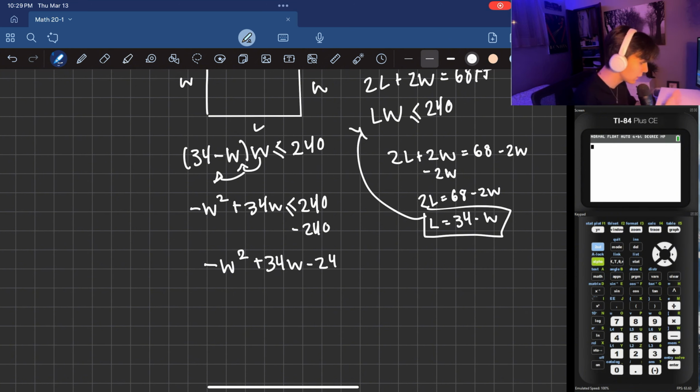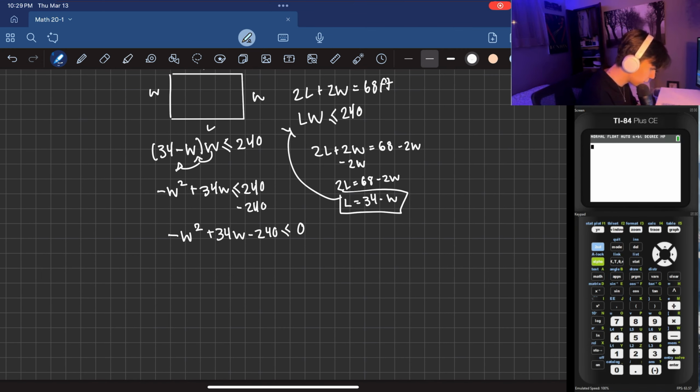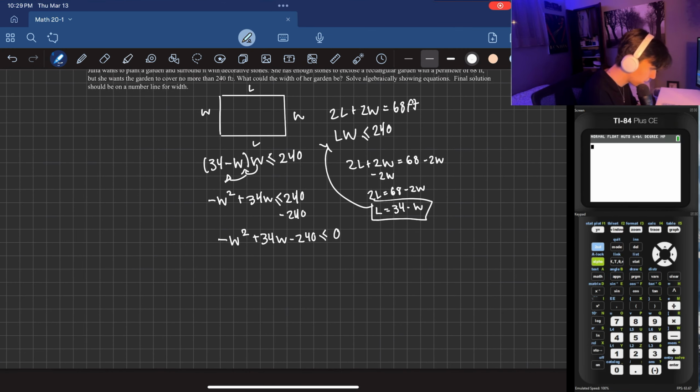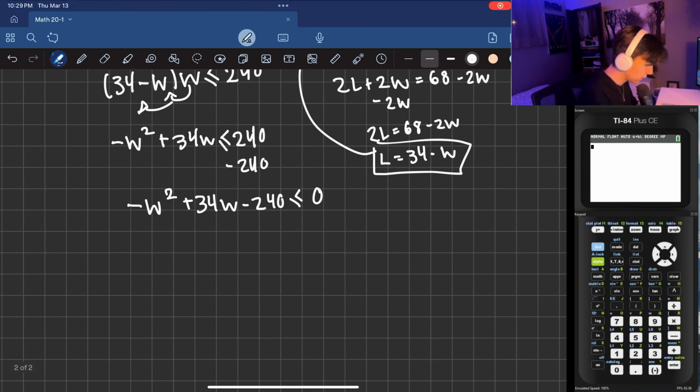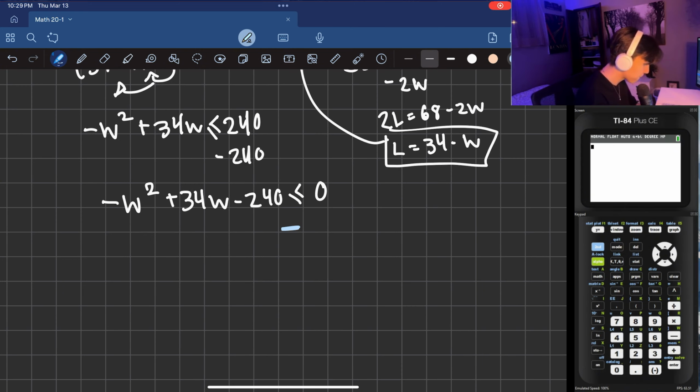So all we have to do is move this 240 to the other side as well. So you have negative w squared plus 34w minus 240 is less than or equal to 0. And now this is where you can use your case analysis to solve this. As we remember before, if we have something that is less than 0, that means we're going to have a negative number.